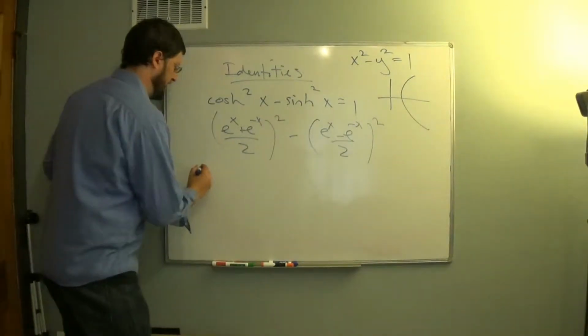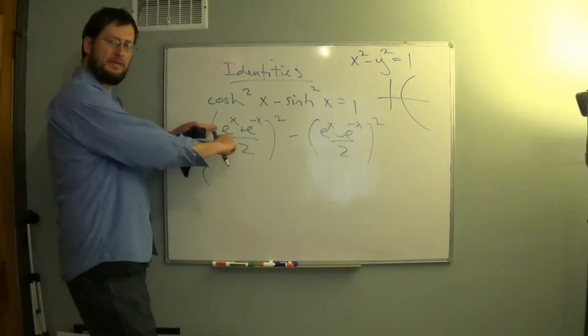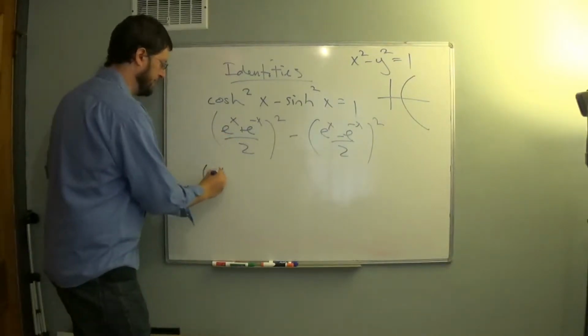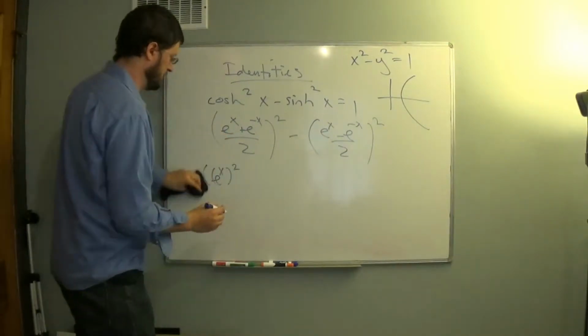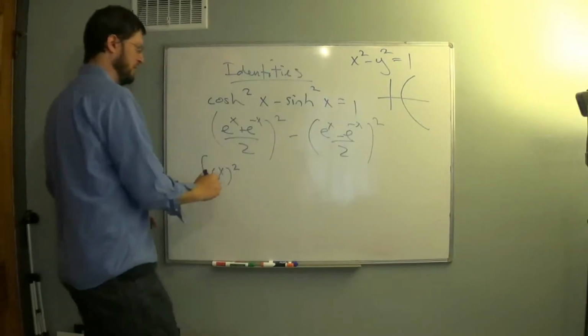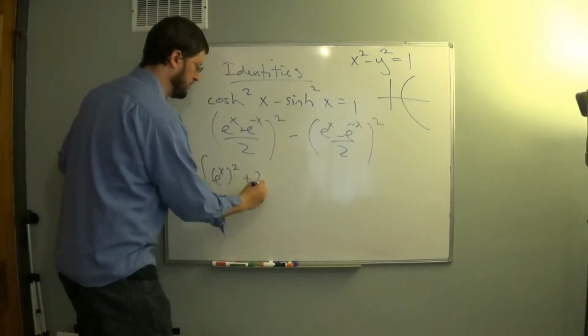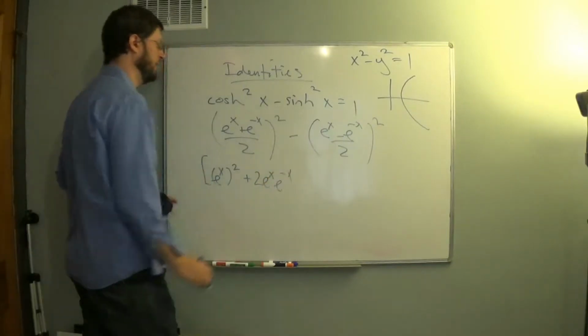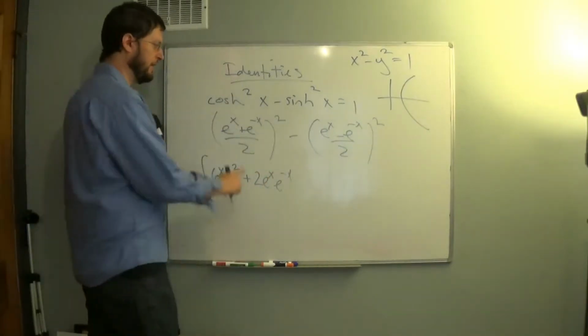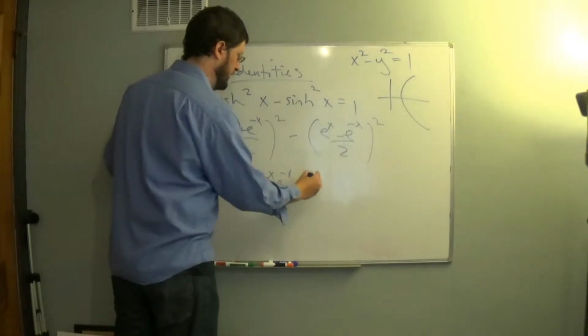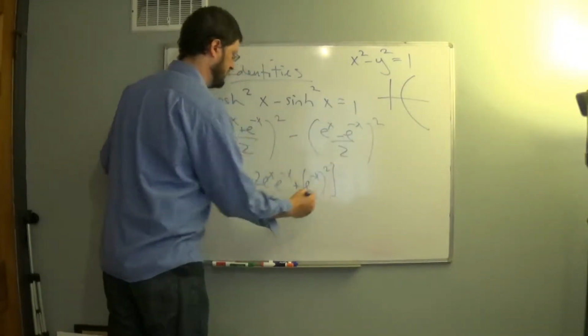So let's FOIL out the left-hand piece. If I FOIL the left-hand piece out, I get e to the x squared. I get e to the x times e to the negative x, and then 2 of them: 2 e to the x, e to the negative x. That's the outer and the inner combined. And then the last will be e to the negative x squared.